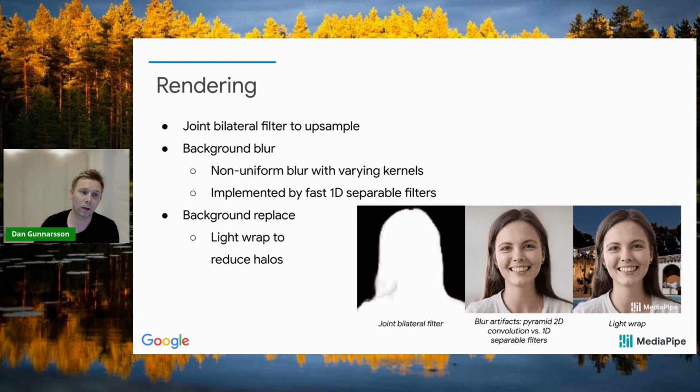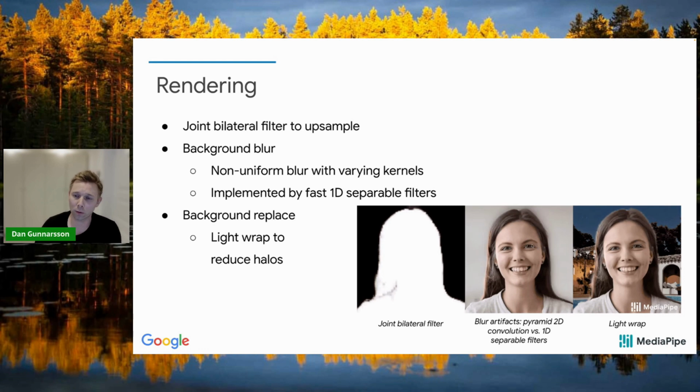Some details around this: we are using joint bilateral filters to upsample the segmentation mask to make it smoother. We are using uniform blur with varying kernels to make it look natural and even, and we're using fast 1D separable filters to make that happen.